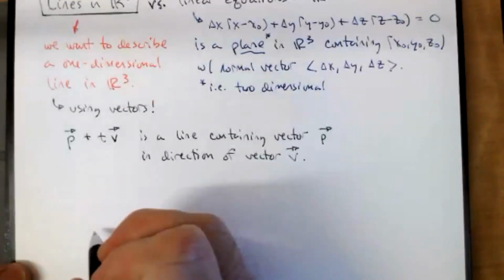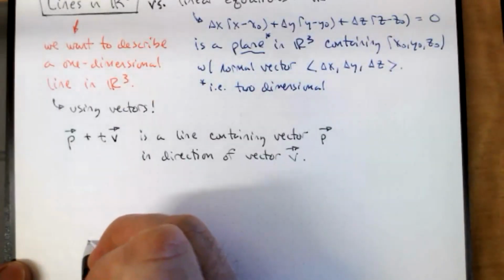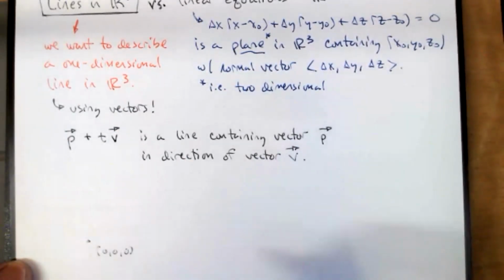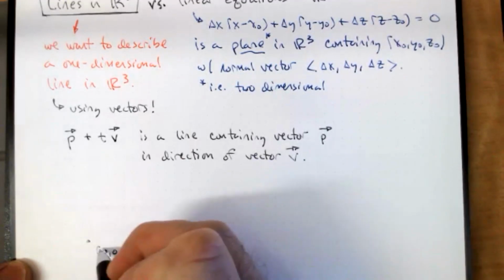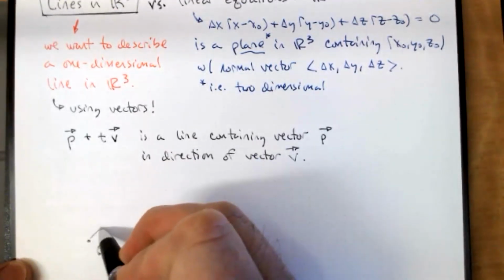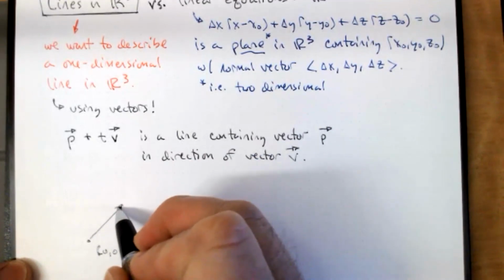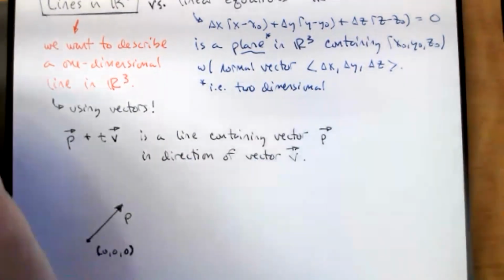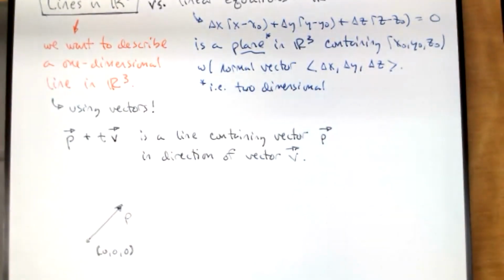So when we have the origin out here somewhere, we have our fixed vector P. And then to this vector P, we add all the multiples of a vector V. So that's going to give us some kind of direction.